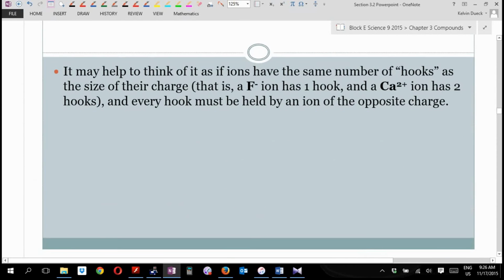It may help to think of it as if ions have the same number of hooks as the size of their charge. So for example, a fluorine F- has 1 hook. A Ca2+ has 2 hooks, and all of the hooks have to get connected from a positive to a negative.